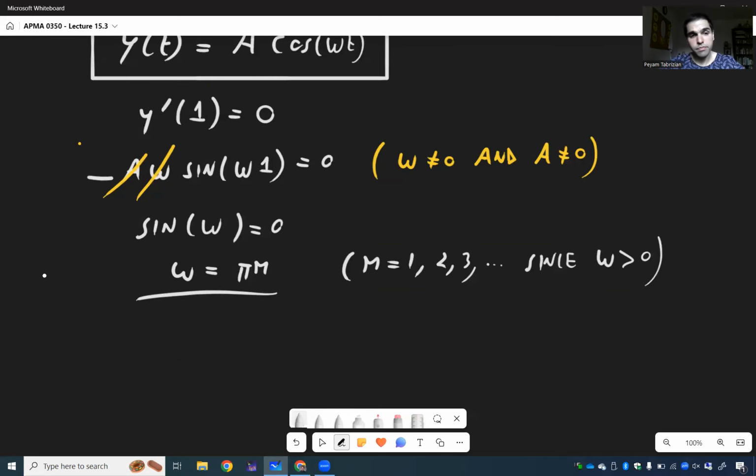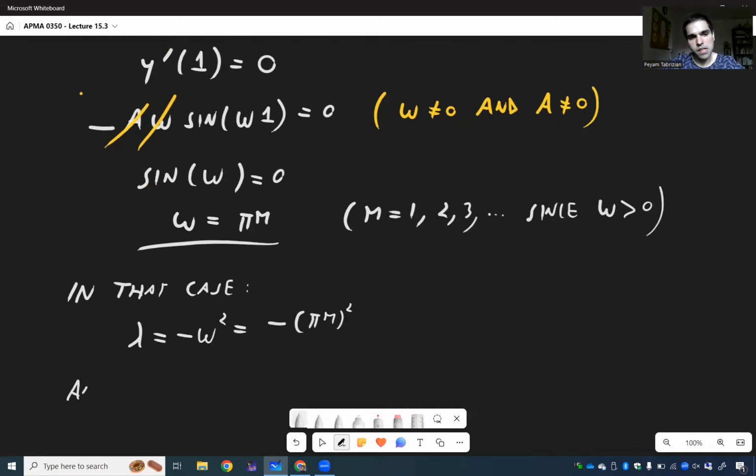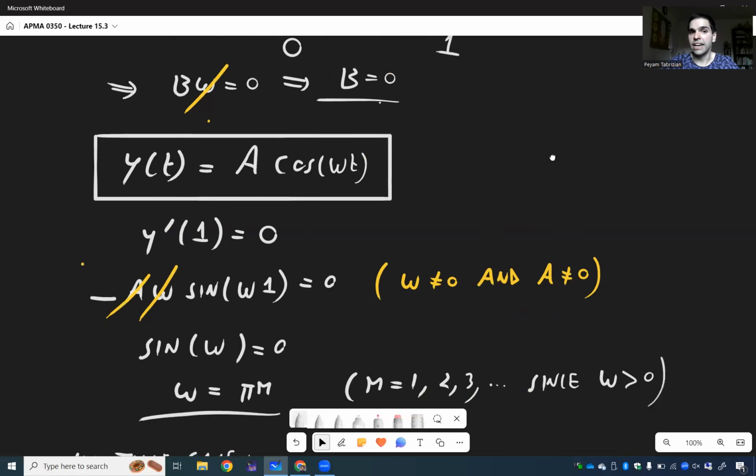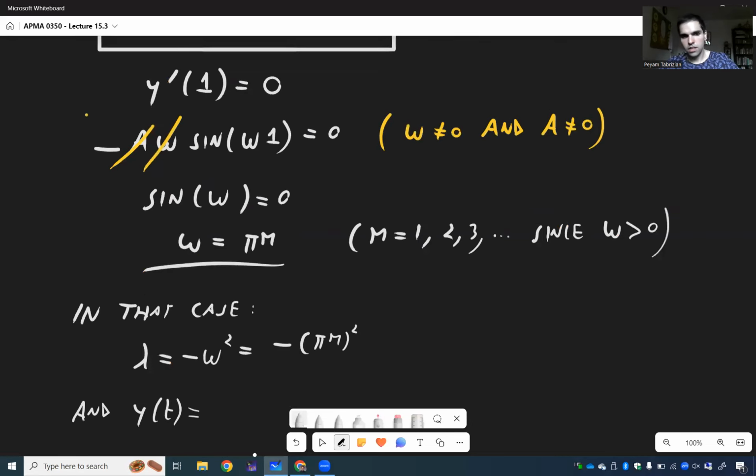And in this case, what we get is lambda is minus omega squared, which is minus pi m squared, and our function y of t, so go back to the boxed answer here, this time is a cosine of omega t, or without the constant, cosine of omega t, which is cosine, in this case, of pi m t, because omega is pi m.